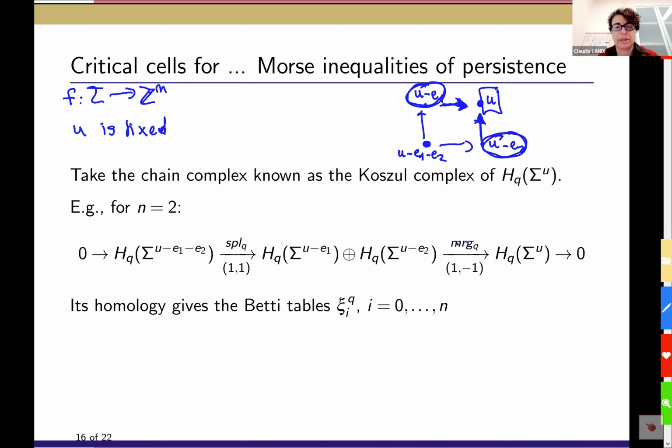For example, I use this notation xi qi, where the superscript simply reminds me that I am studying a Q homology of the simplicial complex, whereas the subscript reminds me if I am considering a homology of the Koszul complex in degree 0, in degree 1, or in degree 2, or in general in degree n.